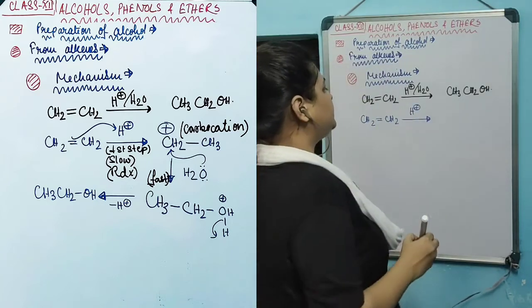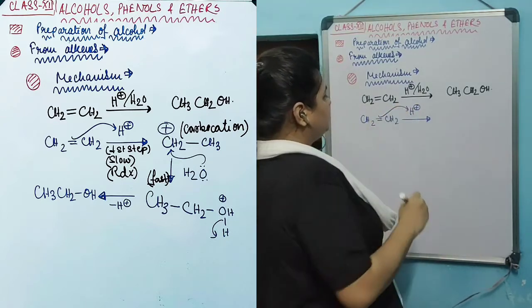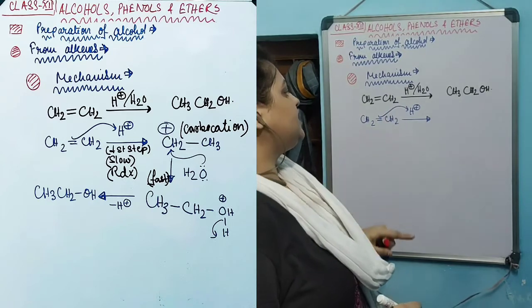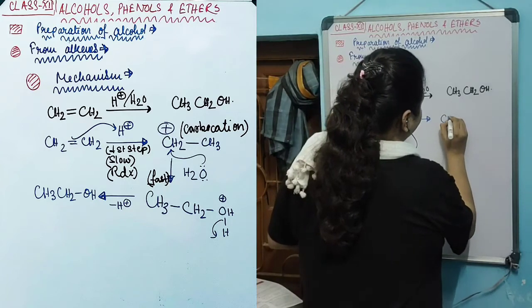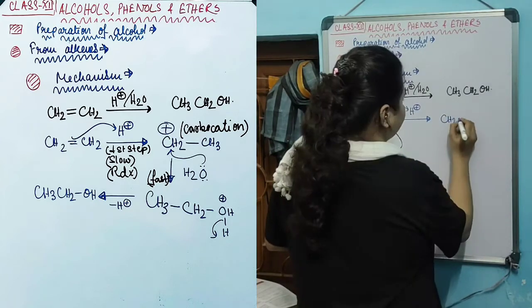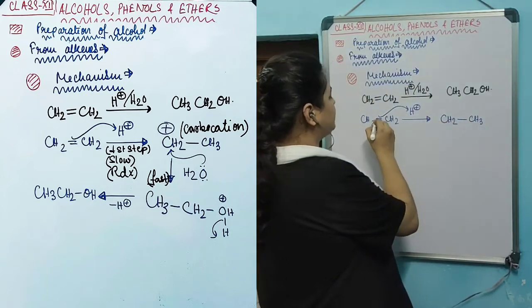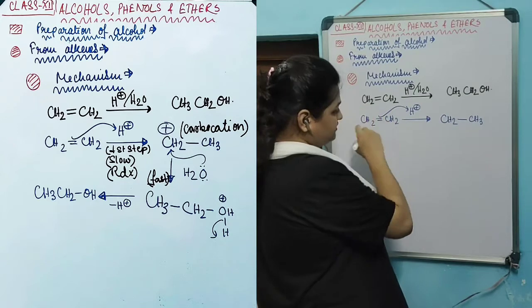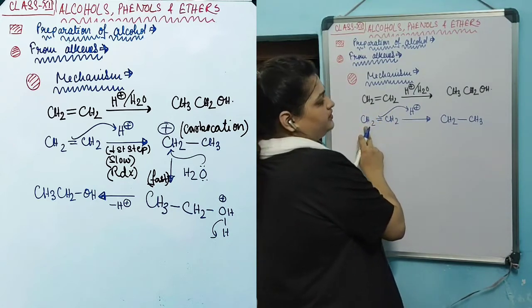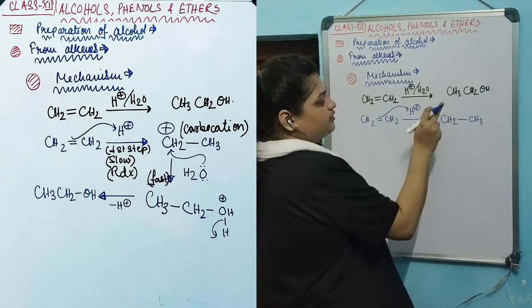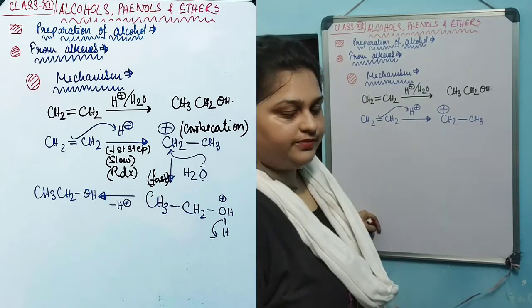In the medium, a lot of H plus is present. Now this double bond will open up via this carbon to accept this H plus from the medium. As a result, CH2 CH3 will be formed, and as this double bond is opened up via this CH2 carbon, the left hand side terminal CH2 carbon has released this double bond, so a positive charge will be produced on this carbon.